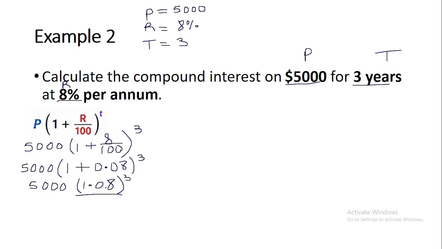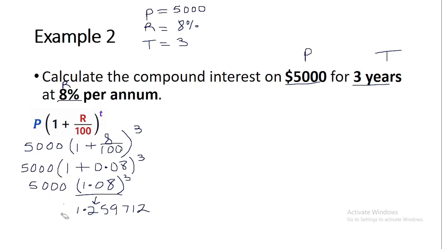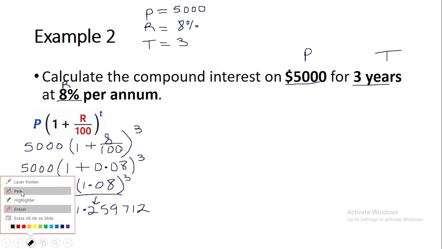So if we do that 3 times, that's 1.08 cubed, all of this is gonna be equal to 1.259712, multiplied by the 5,000 now.